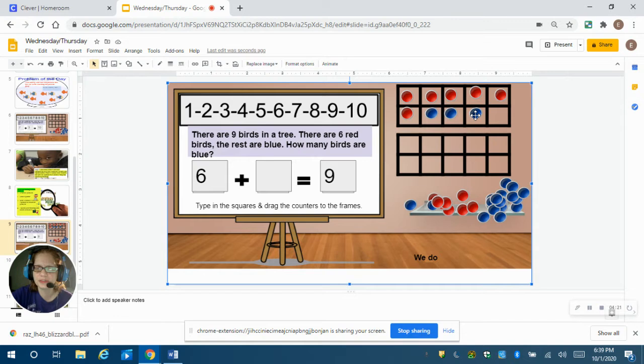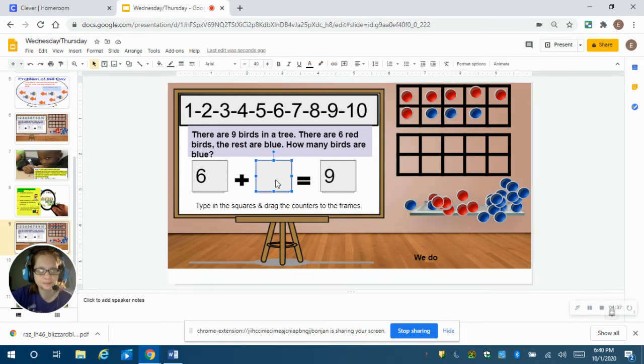Let me make sure that I have 9 total. Let me start again. I have 6. I don't need to start from the beginning because I know how to count on. I have 6, 7, 8, 9. So 6 plus 3 equals 9. So the rest is really 3.